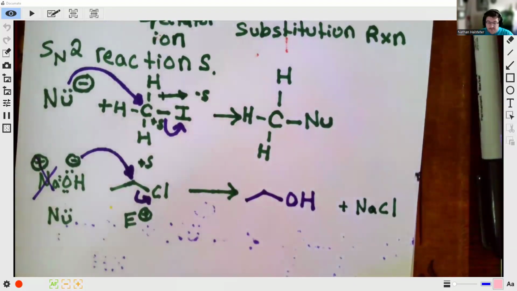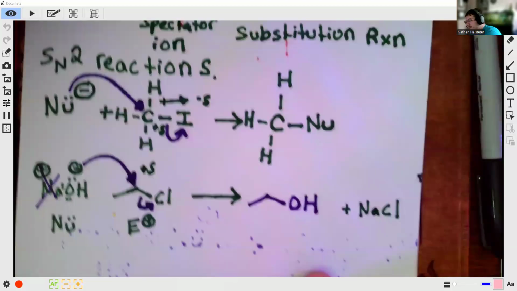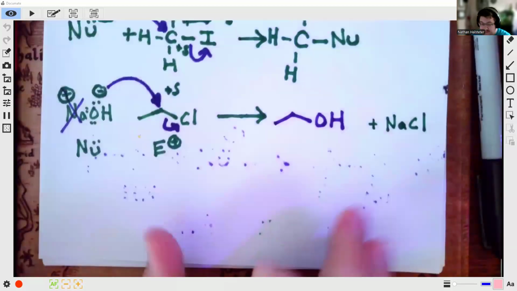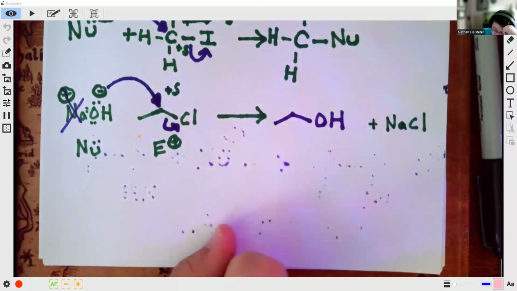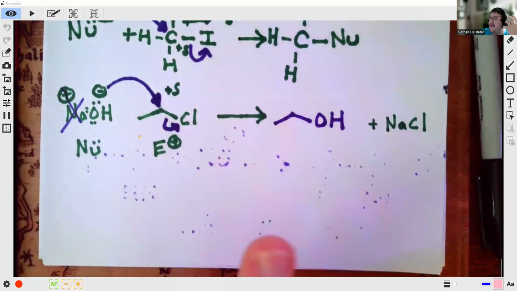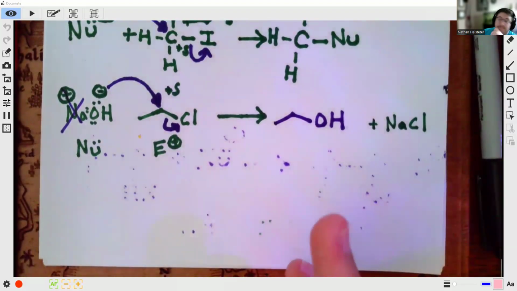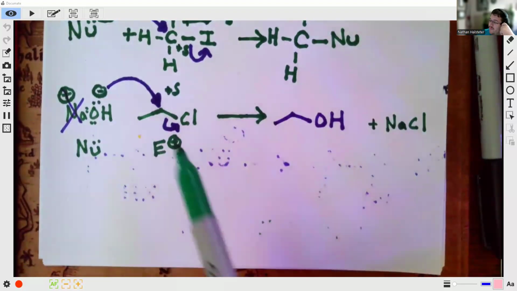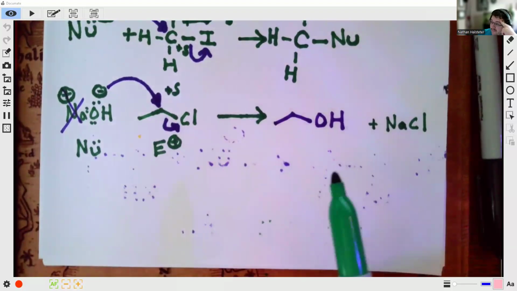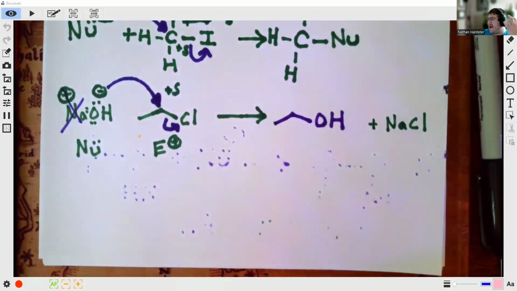So there's a few more things to know about SN2 substitution reactions. The first thing is the transition state. We're forming and breaking bonds all in the same step here. That should sound familiar from the acid-base reactions.